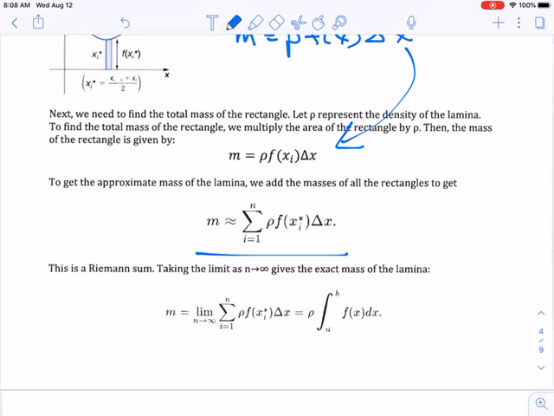We, of course, take the limit as the number of rectangles approaches infinity, and that gives us an integral for mass. Mass is equal to the density times the integral from a to b of the function, f of x dx. So finding the mass is just a matter of integrating the function and multiplying it by the density.